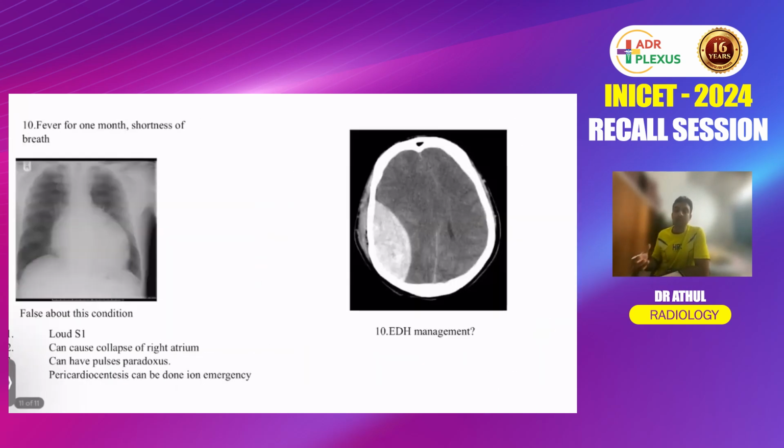And finally, 2 questions which were integrated. One was they gave an image of EDH, and in the history there was pupil involvement. So when will pupil involvement come? When the EDH is very large and pushing the brain parenchyma to the opposite side, that will result in midline shift and herniations like uncal herniation, descending transtentorial herniation. So because of mass effect, we will get this pupil involvement.